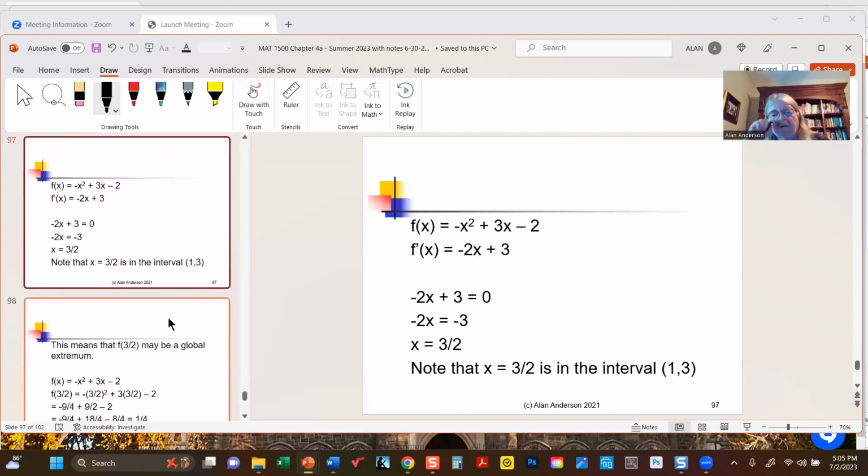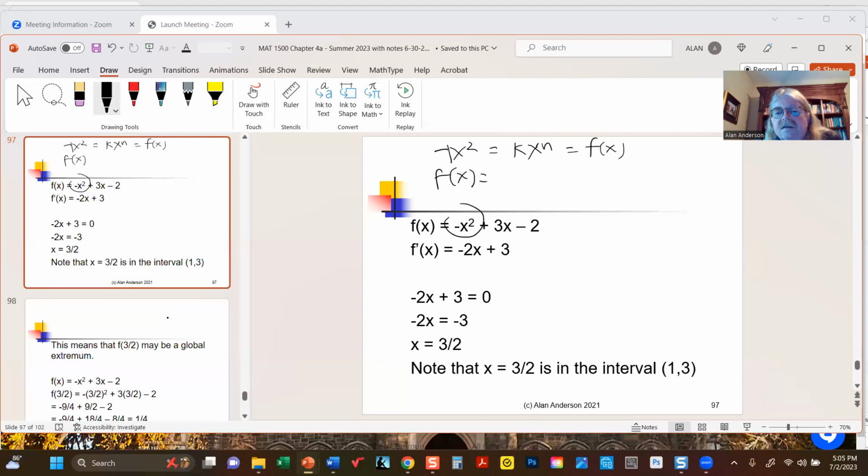Okay, so based on the power rule, remember this one can be thought of as kx to the negative 1. The k here is actually negative 1. And so the first derivative of that term is nk x to the n minus 1. So I have 2 times negative 1 times x to the 2 minus 1.